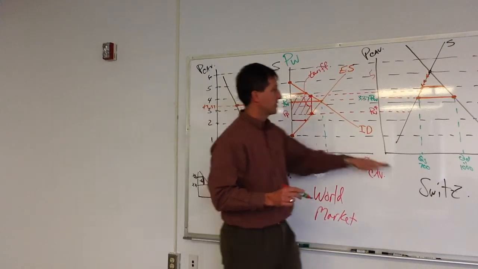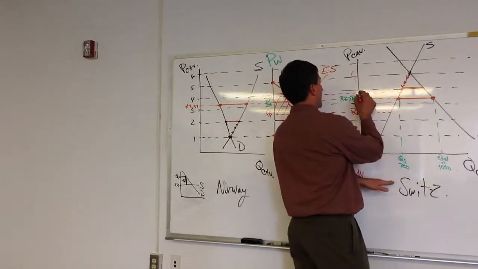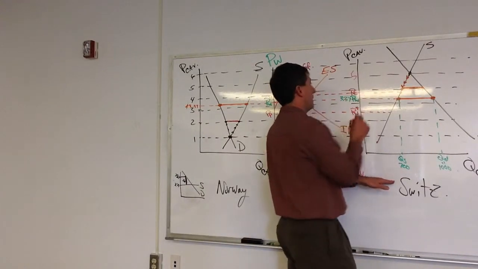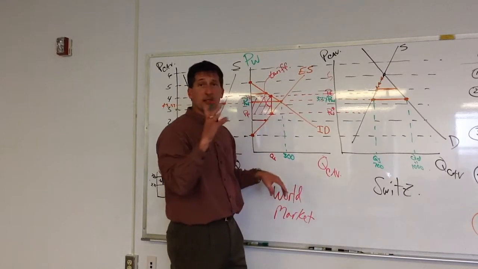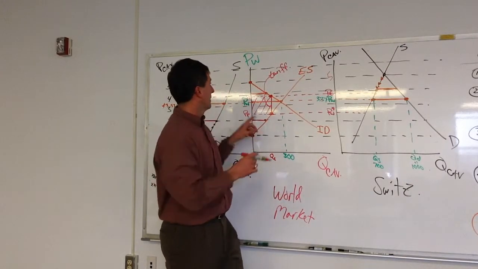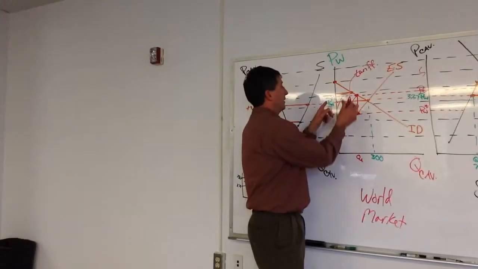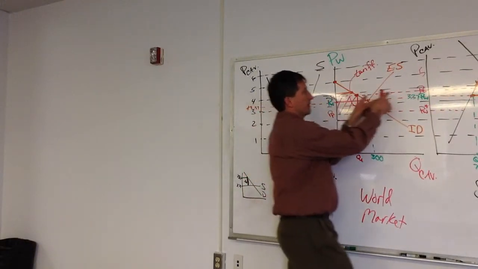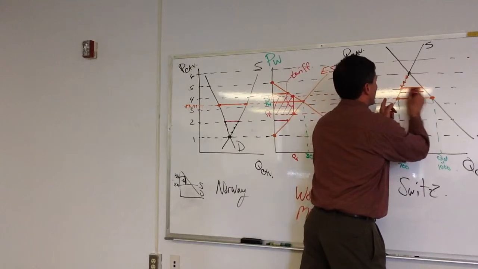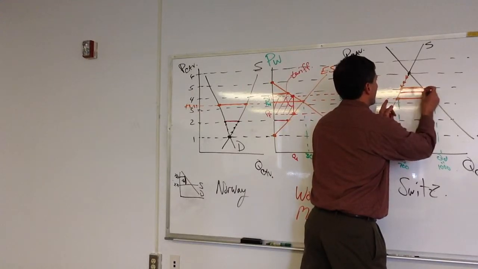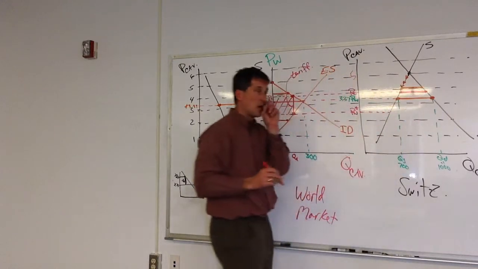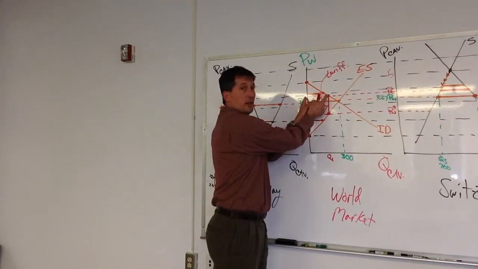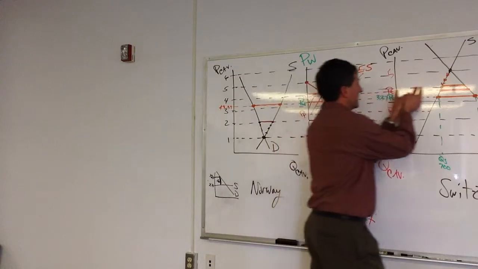And the price to the Swiss, the price with the tariff, PT, is higher. And the difference is that wedge. The imports ended up still getting reduced by this horizontal distance, which is this distance now, pulling it off of here.